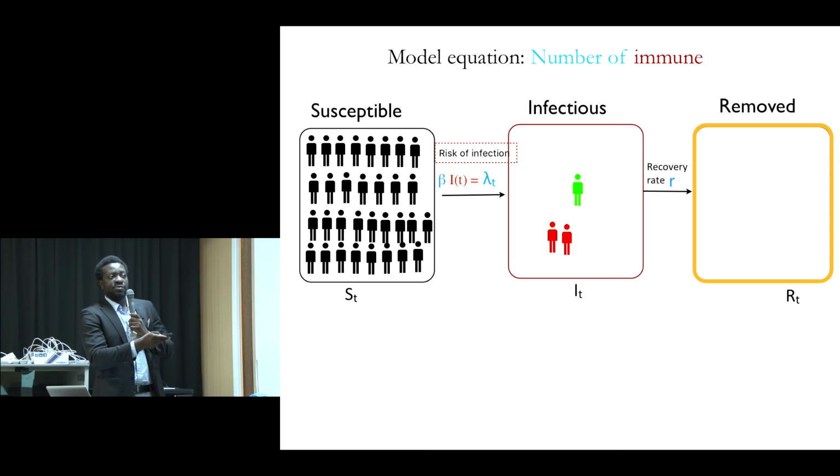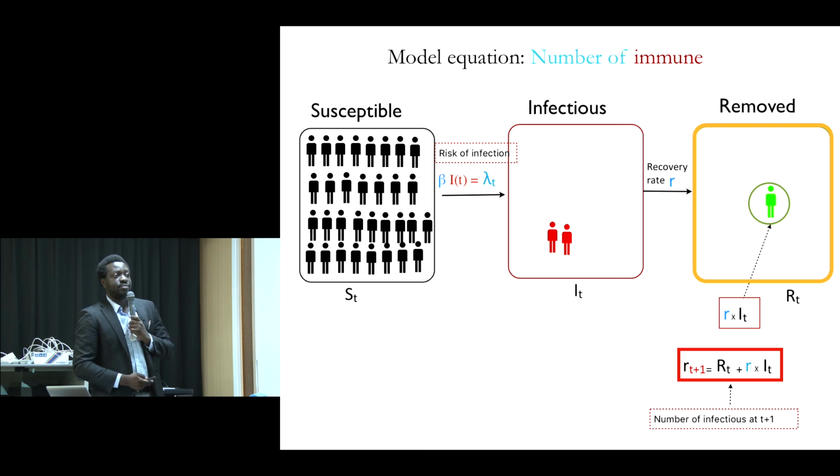The risk of recovery is just noted by R, multiplied by the number of infectious, which tells you the number of people who become removed. And we have our equation for the number of people who become removed at time t plus 1.